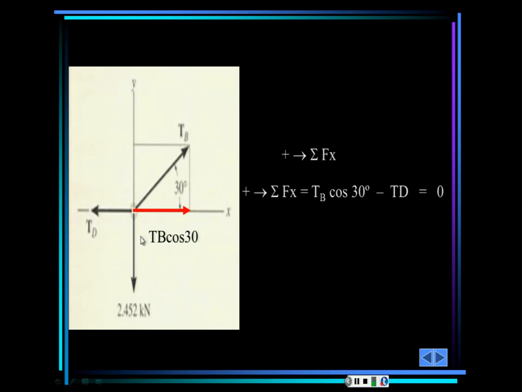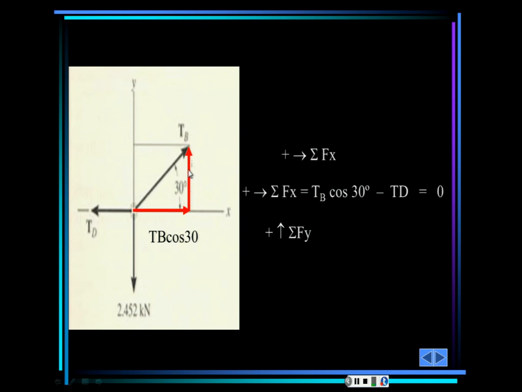Now we set up the other restriction for equilibrium, the other equation. Summation of forces in Y must be 0. So we're going to do summation of forces in Y, where we have only two forces acting. We have the vertical component of this TB, and that vertical component is basically TB sine of this angle.